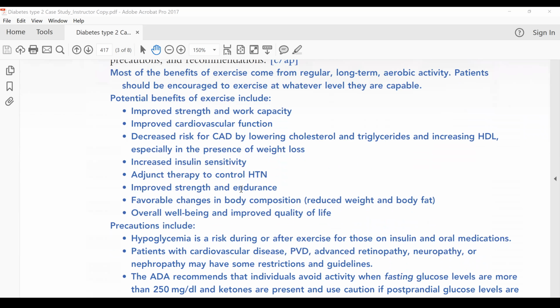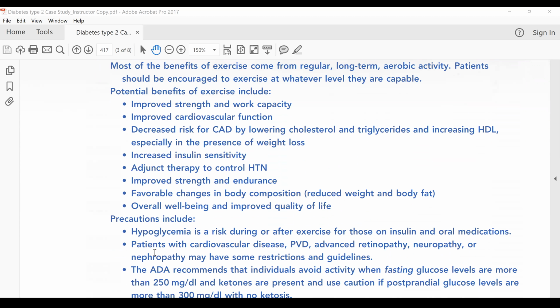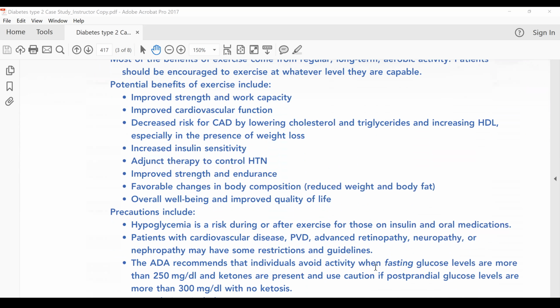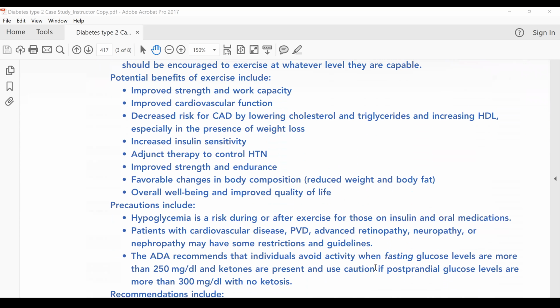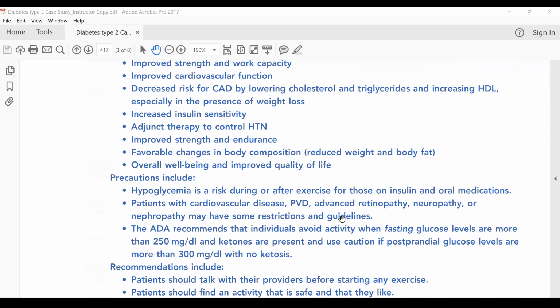The ADA recommendations: avoid activities when fasting glucose levels are more than 250 and ketones are present. So use caution in postprandial glucose levels that are 300 with no ketosis. That means no ketones. Recommendations: check blood sugars before and after exercise to prevent DKA if you are an insulin-dependent diabetic.